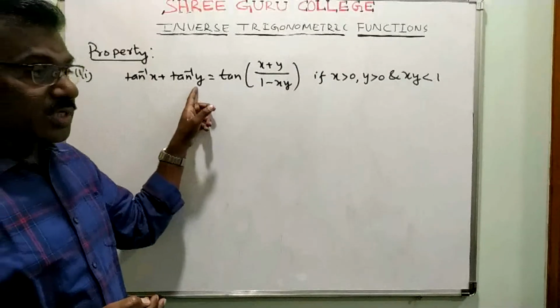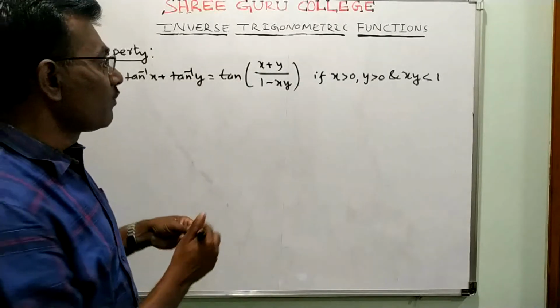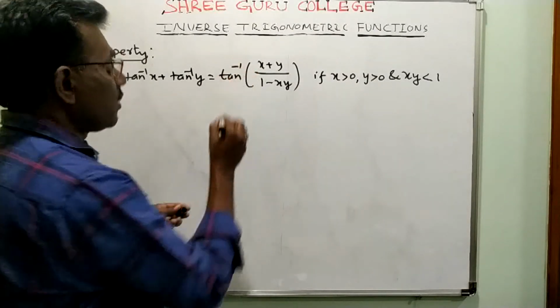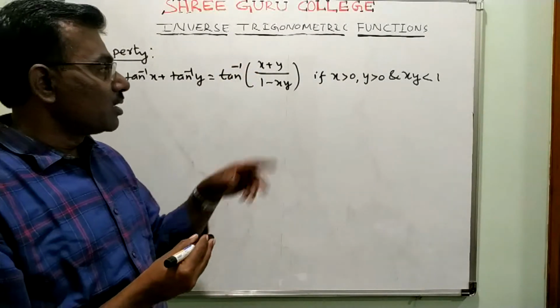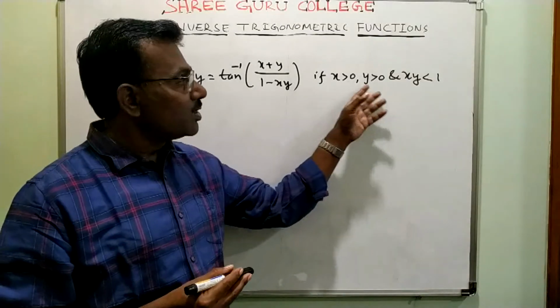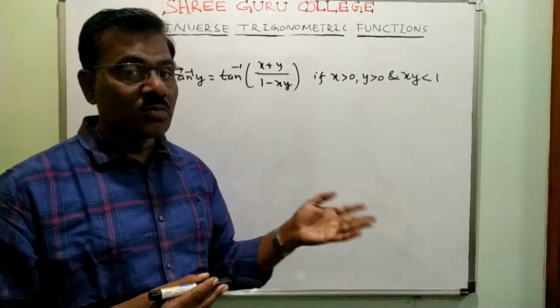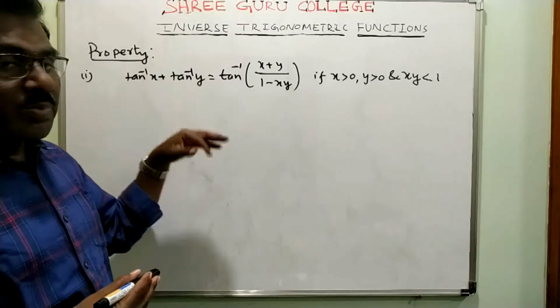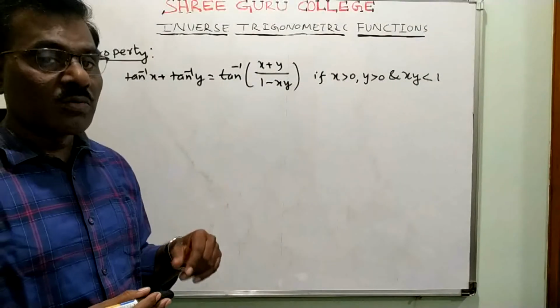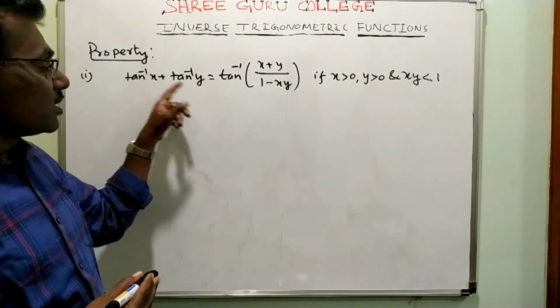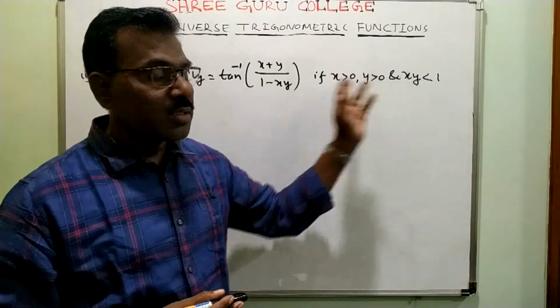Tan inverse of x plus tan inverse of y equals tan inverse of (x plus y) by (1 minus xy), with both x and y positive and xy less than 1. When these two are multiplied, the product becomes less than 1 only. Fine? Multiplying x and y is always less than 1. Then what is the formula?